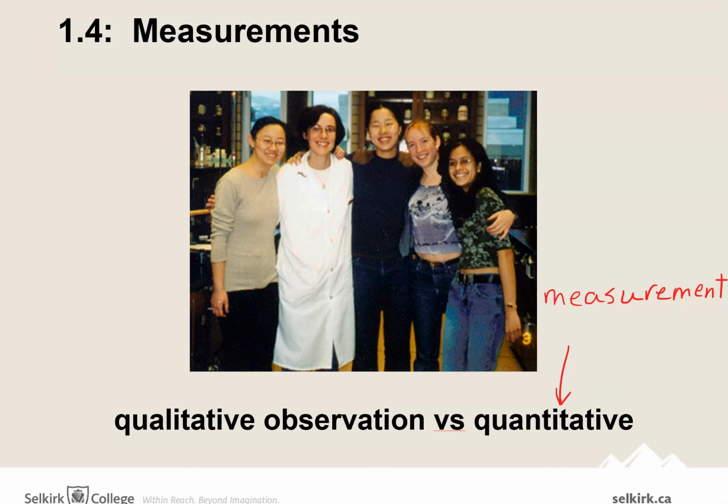It's a quantitative measurement because it has a number in it. So that's what distinguishes quantitative observations or measurements from qualitative observations. Qualitative observations have no number, and in this case I might say I'm tall.